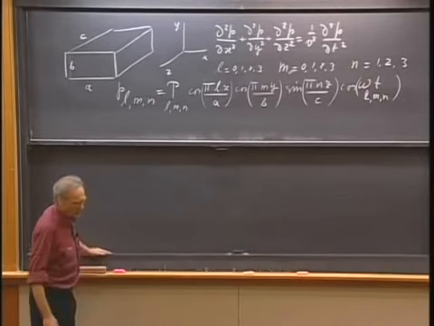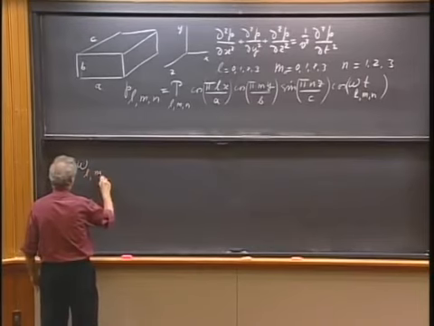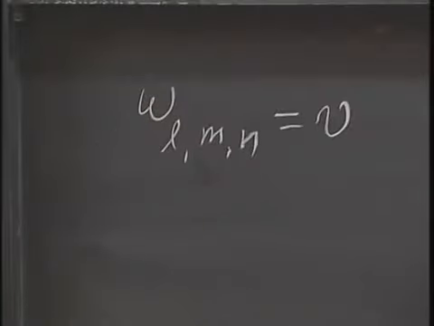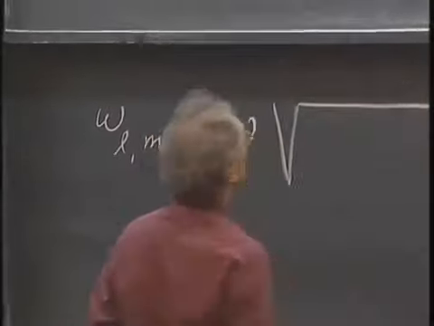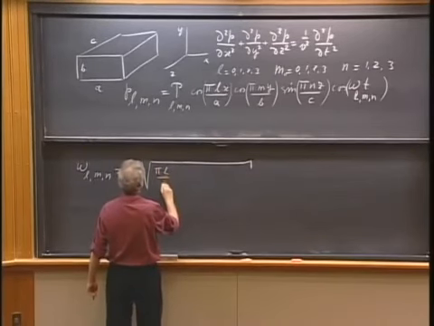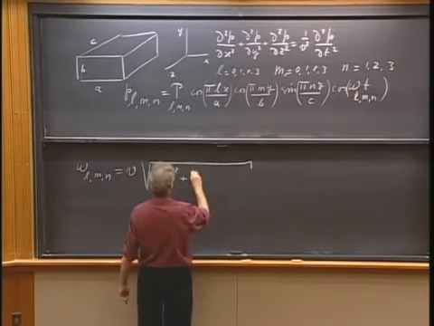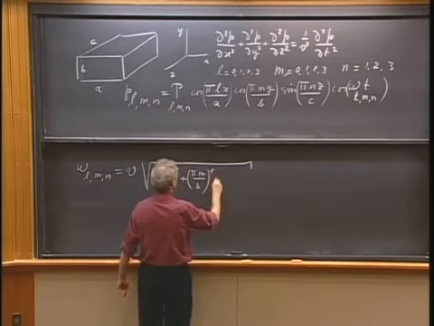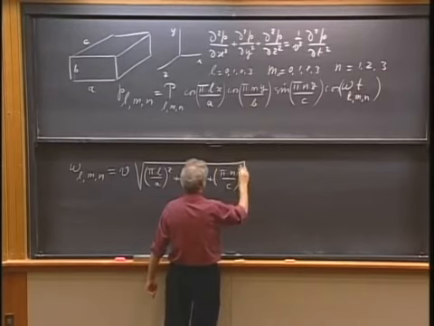And so that connection is that omega LMN becomes v, which is the speed of sound, times the square root of (pi L divided by a) squared plus (pi M divided by b) squared plus (pi N divided by c) squared.